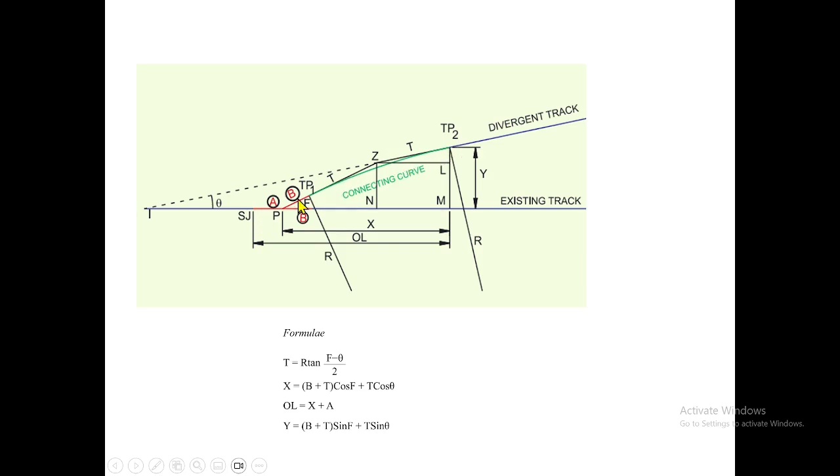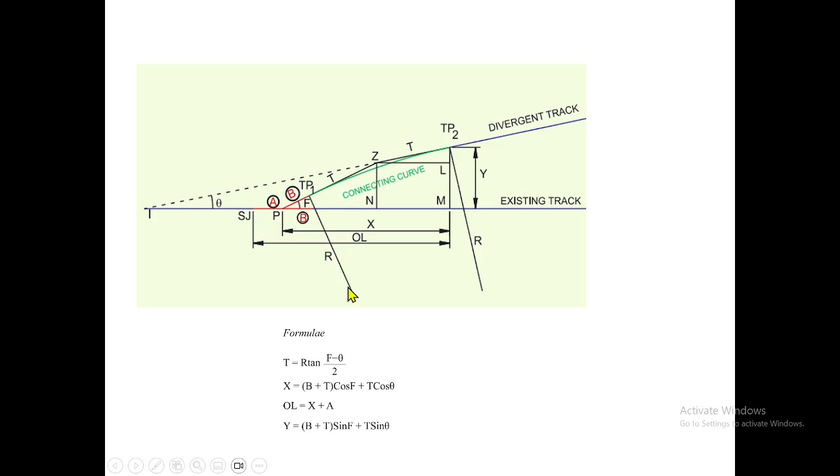B we know, for example when you use 1 in 10 points and 1 in 12 crossing, the dimensions are readily available, so we can make use of that. The only thing we have to find out is the tangent length. We know the formula: T equal to R tan of deflection angle divided by 2.